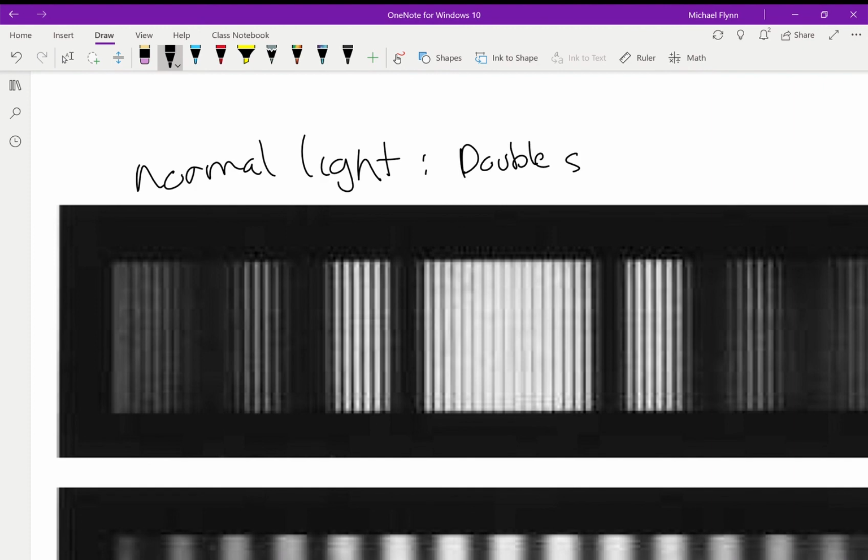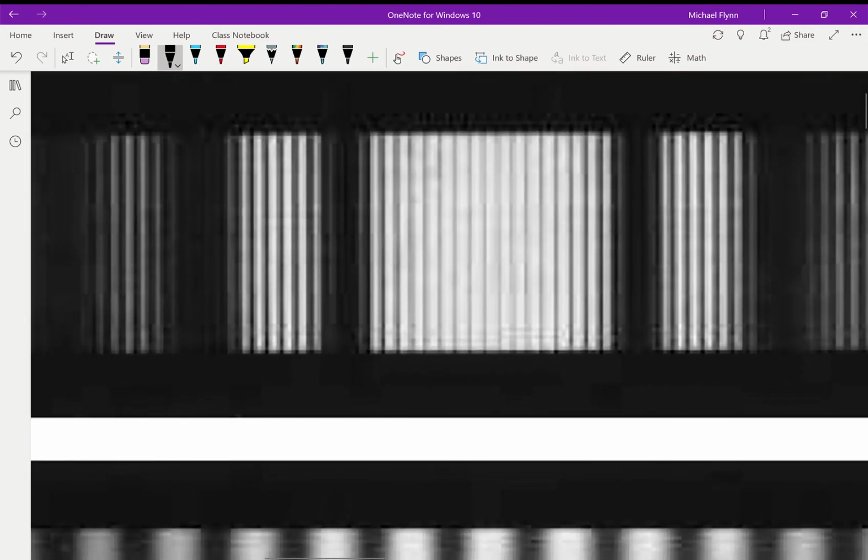How can you tell? Well, we see two patterns here. We see a very fine series of bars. Here I'll use my rainbow color. These little bars here are double slit nodes.